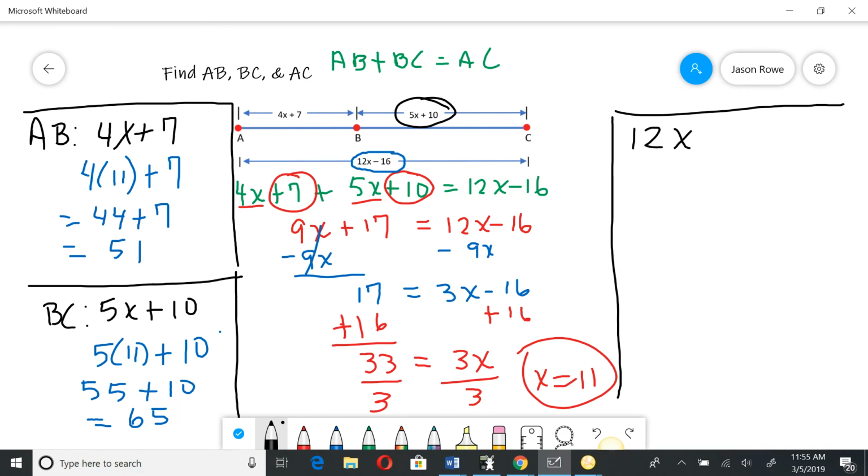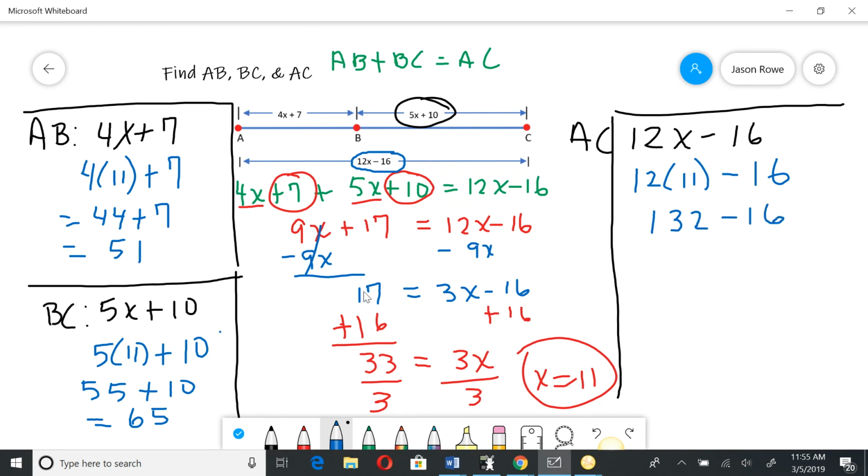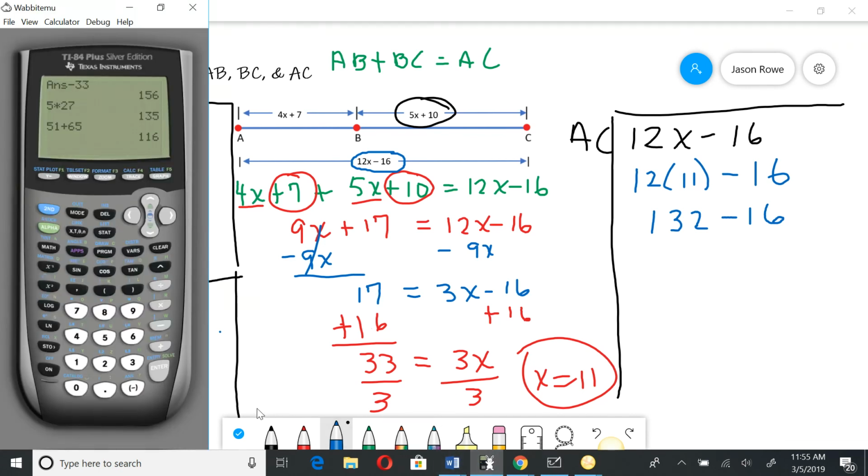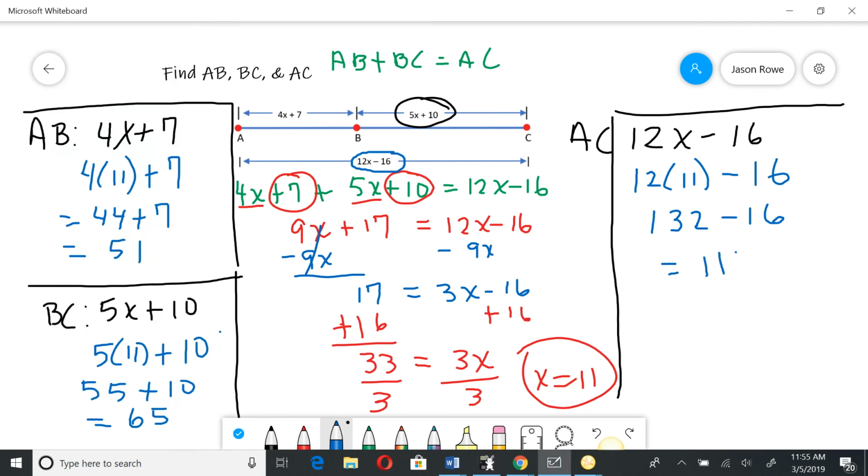So we've got 12x minus 16, that is AC. We're going to replace x with 11, so 12 times 11. 12 times 11 is 132. 132 minus 16 does indeed equal 116.